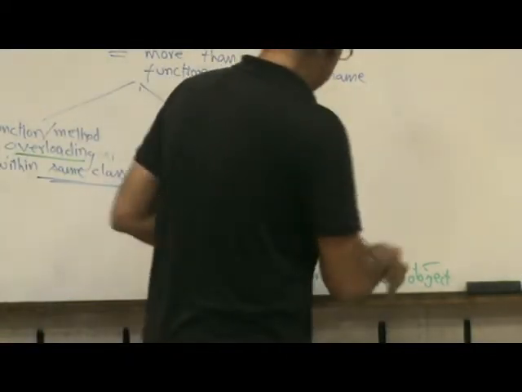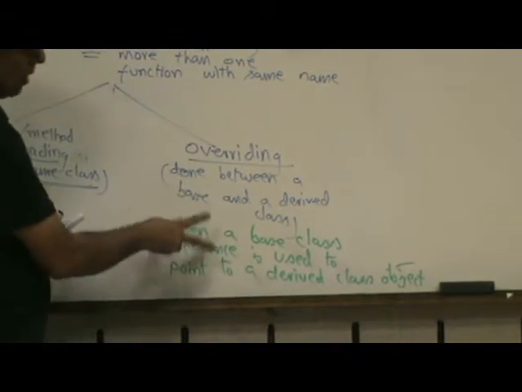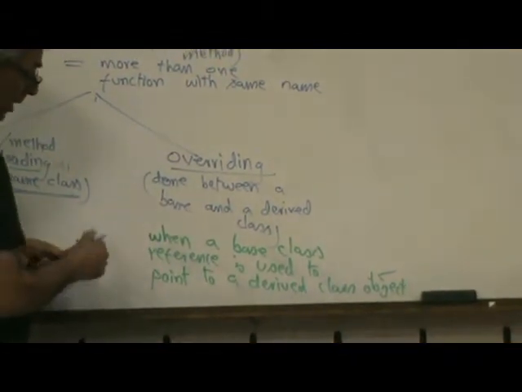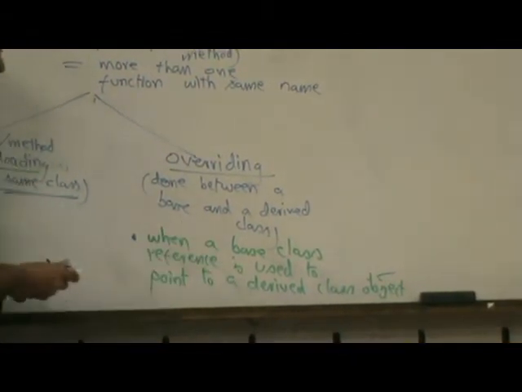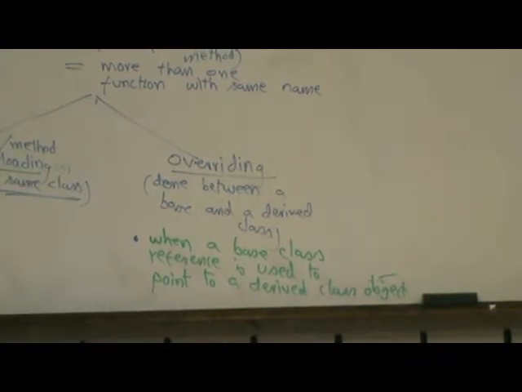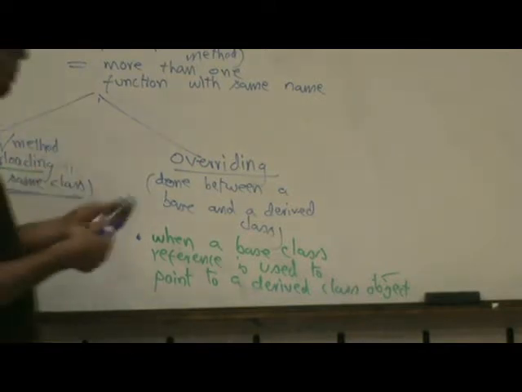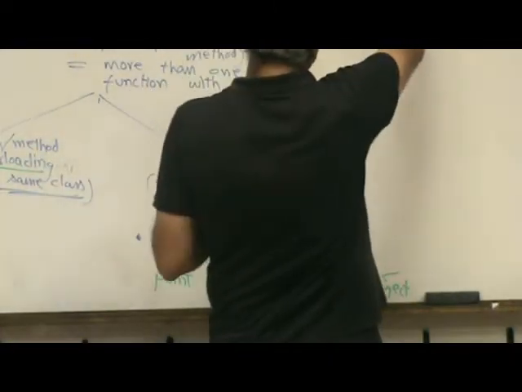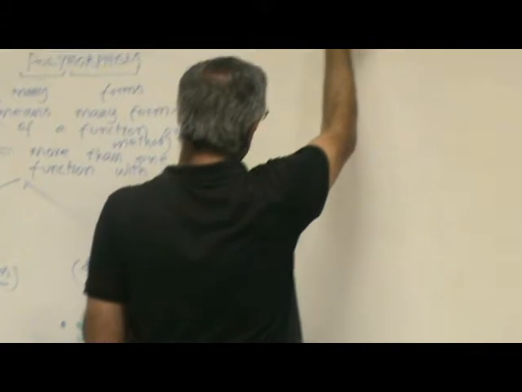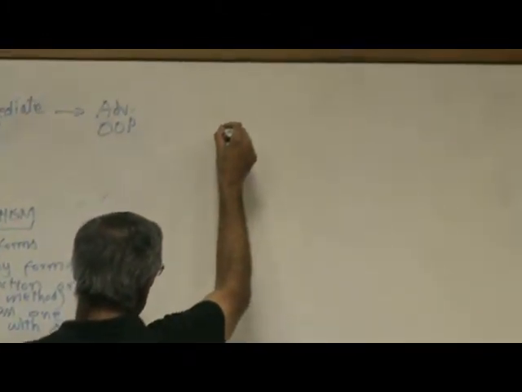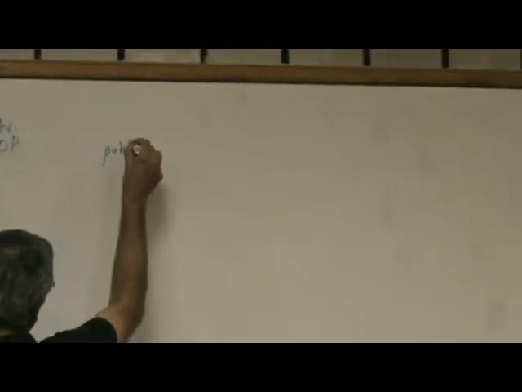So now there's another small complication whenever base and derived classes are involved, and we are using a base class reference to point to a derived class object. Let me give you one more example.